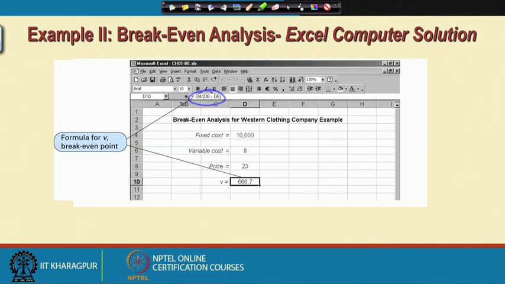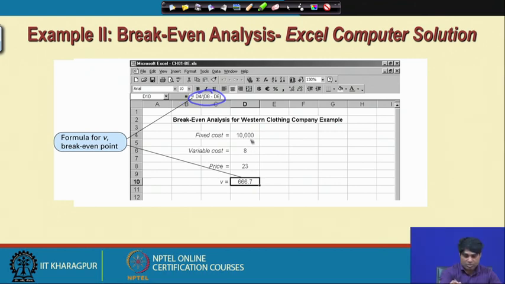Technically the operation is D4, that is 10,000, divided by price minus variable cost. Price is D8, minus D6. D6 is nothing but the variable cost.